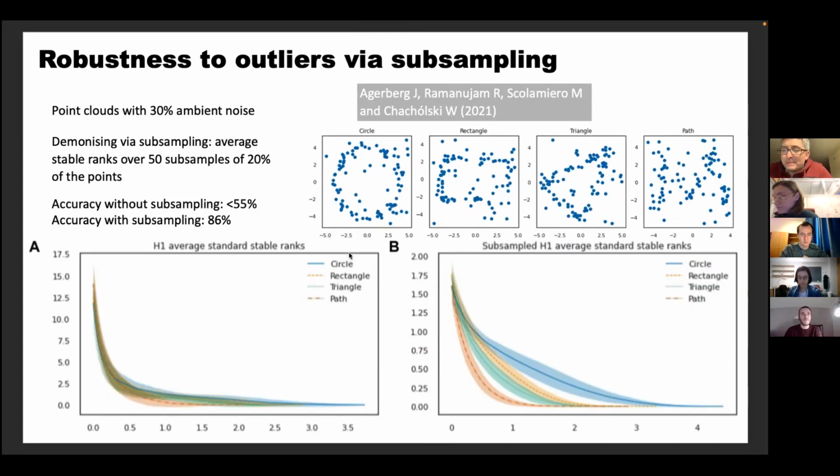From the experiments that we've been doing, the subsampling technique is very effective in denoising. However, for H0, if you subsample, you might ask, how many times do I need to subsample? Very often for H0, you need to do maybe a few hundred times. For H1, to get to lower deviation, you have to do another order, a few thousand times. For H2, you have to subsample even more.